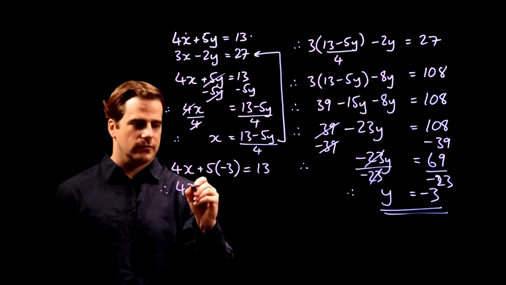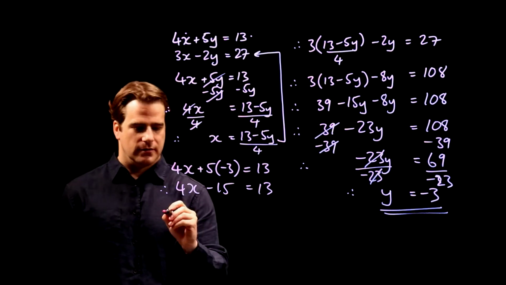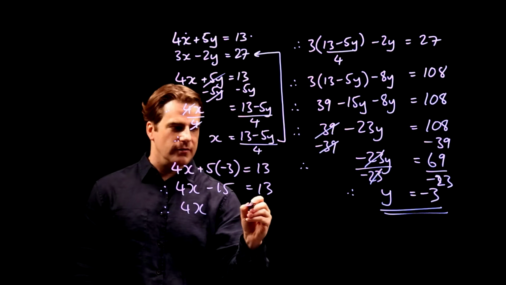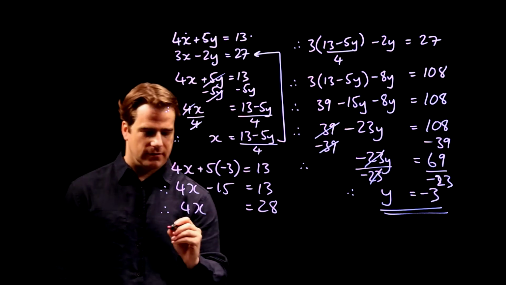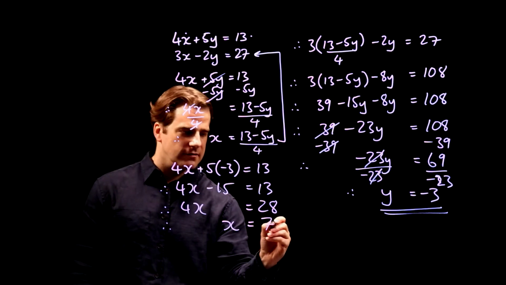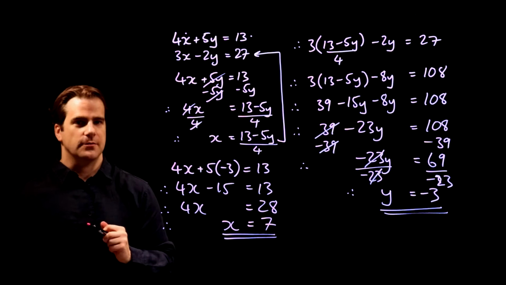Therefore, 4x minus 15 is 13. 4x, add 15 to both sides is 28. Divide both sides by 4, x is 7. And it worked. There you go.